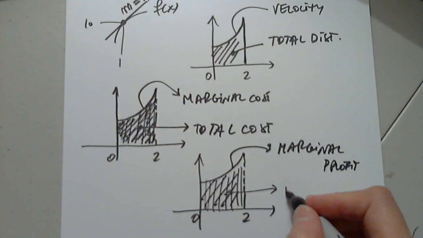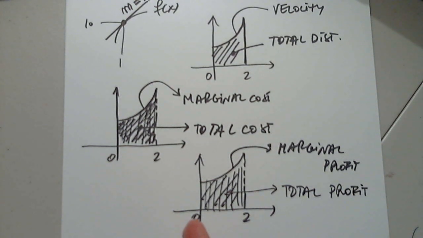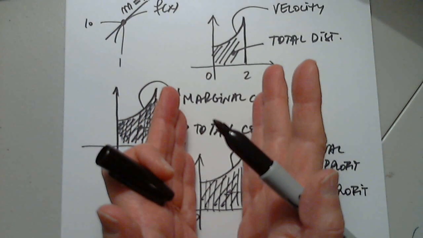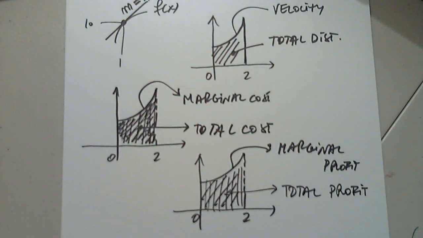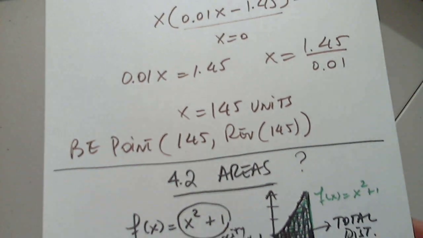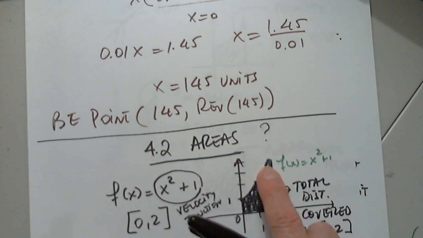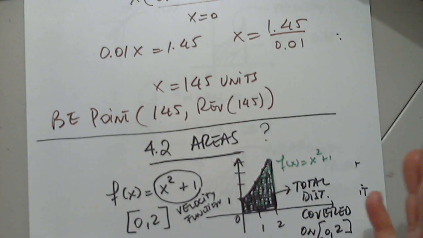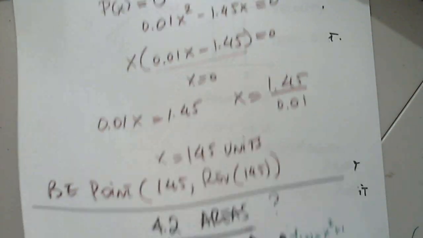Exactly. Only between 0 and 2, not more or less. That is the reason why we are learning right now in 4.2 how to determine these areas or approximate them at first, and then we'll determine them exactly.